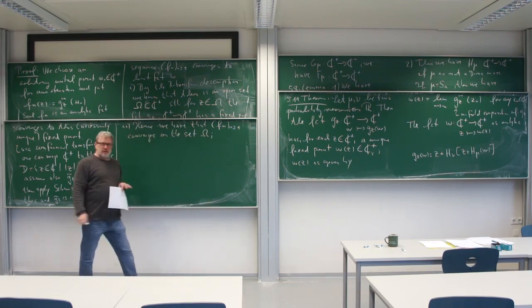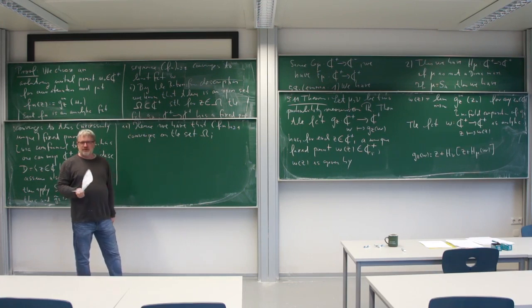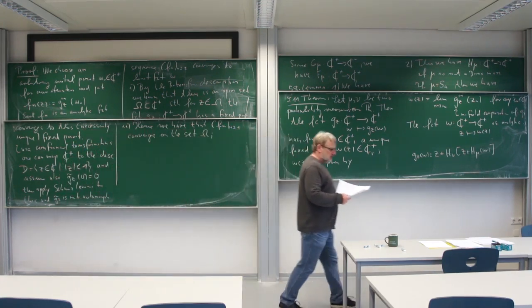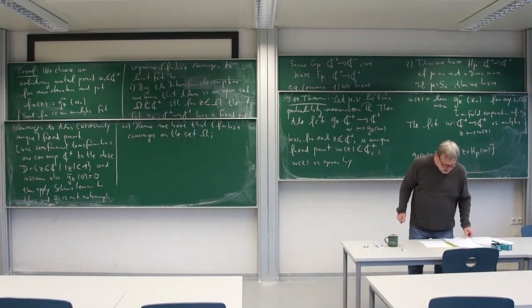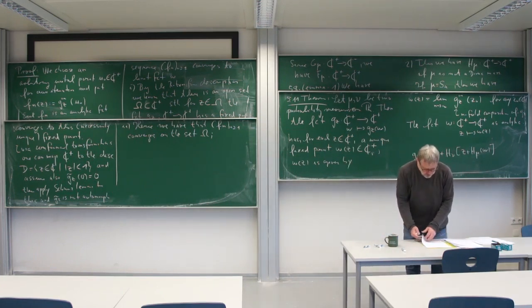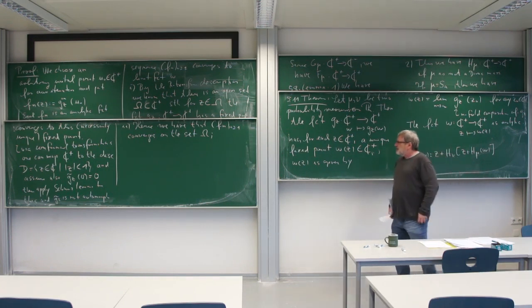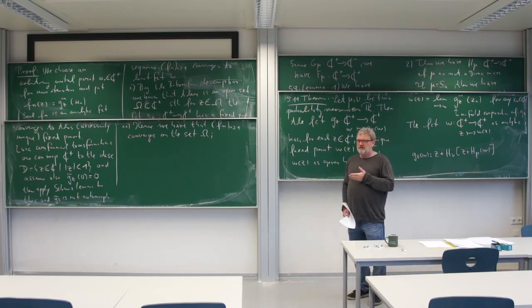Good, but then we can apply Vitali's theorem, which tells us that sequences of analytic functions, maybe let's say again from the disk to the disk, which converge on some set, let's say which is open, has to converge everywhere.